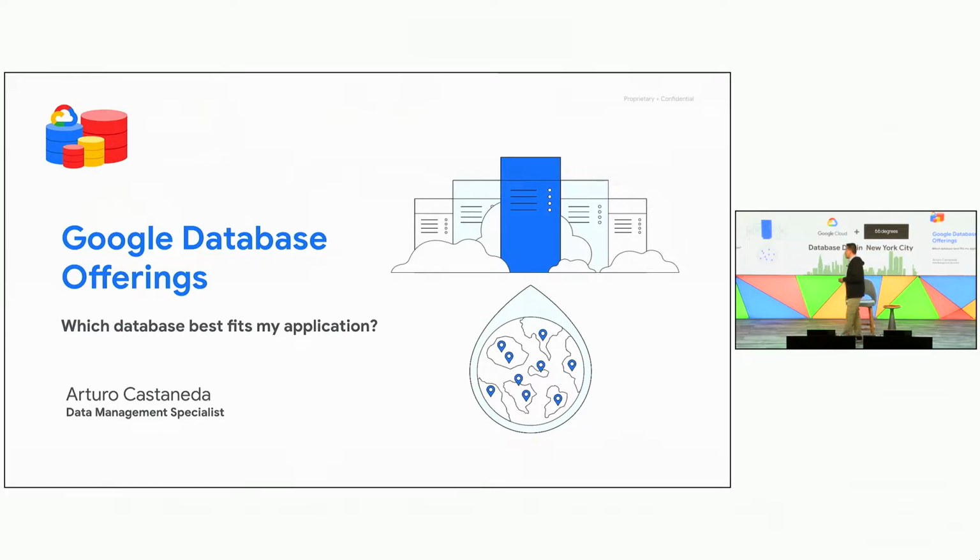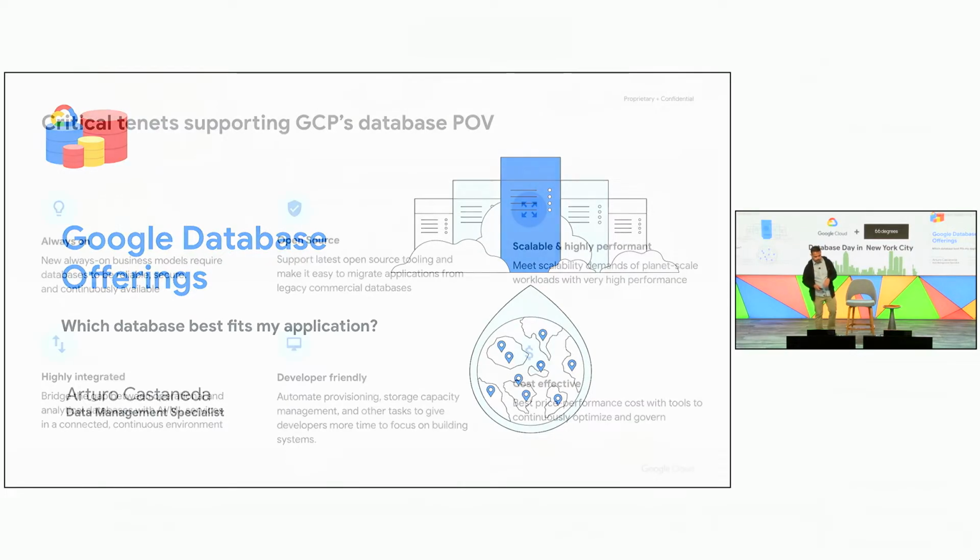But what I'm going to focus on today is an overview of the different databases we have in the transactional space, to give you a general understanding of which we have, and maybe help you start to identify which are the most suitable for your particular workloads. So let's get going.